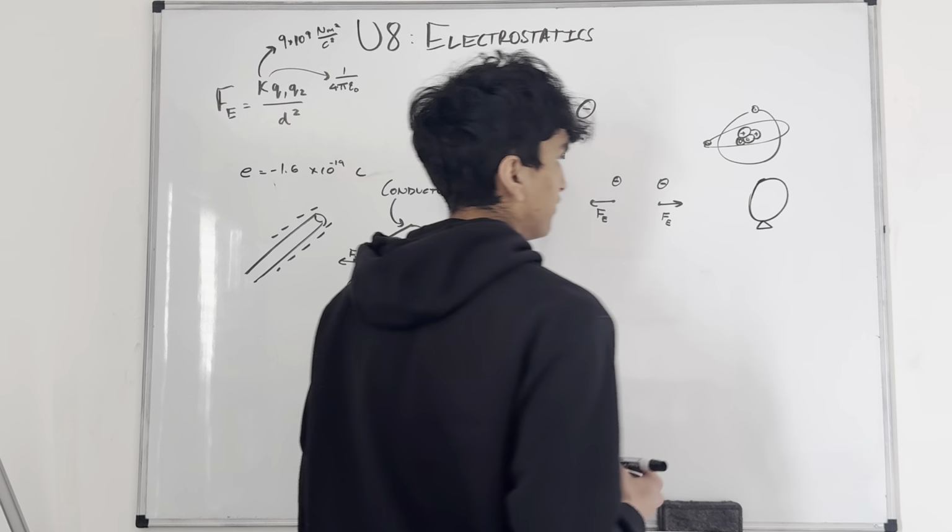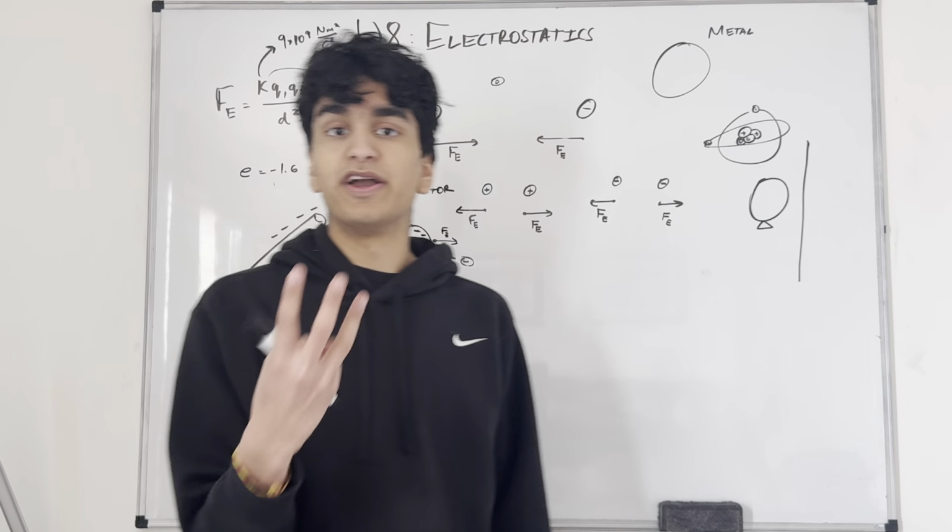Actually, we'll talk about this with types of charging. We talked about having this charged negative rod, but how do I make an object charged? Well, there are three big ways to really do it.